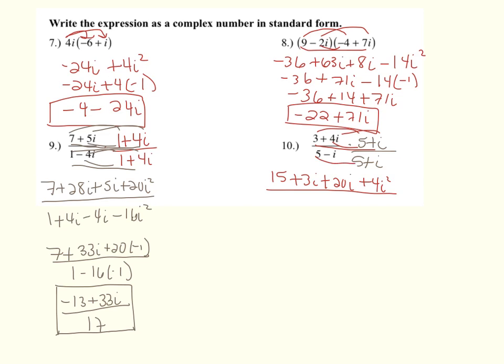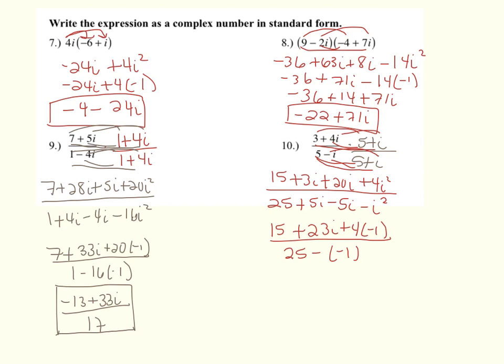Same in the denominator: first terms, outside terms, inside terms, and last terms. So I start simplifying the top. 15 plus 23i plus 4 times -1 over 25 minus -1.